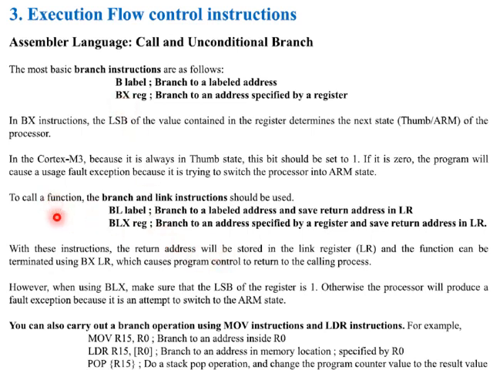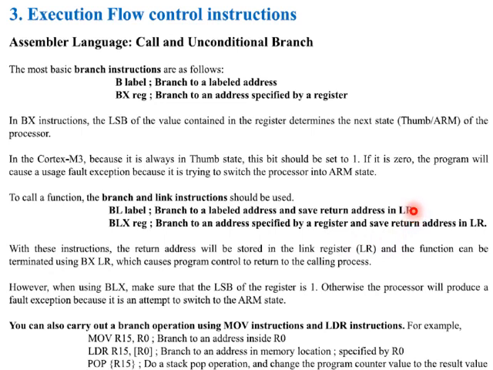If you consider the branch and link instructions, they are usually used as BL space label, branch as well as link: branch to a labeled address and save the return address in the link register. This is used whenever a condition is met.